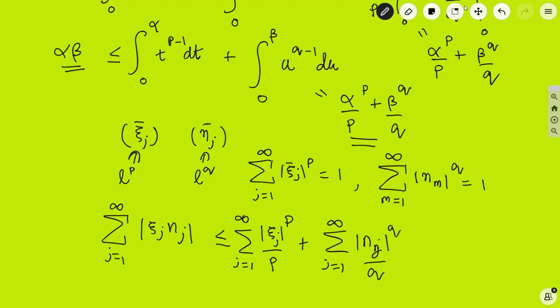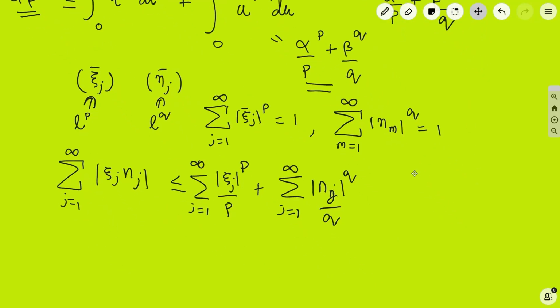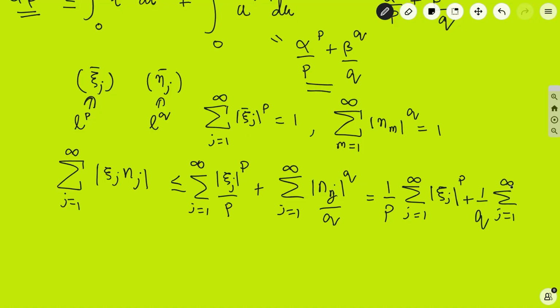Now, 1 by p is a constant, so you can take it out. It comes out as 1 by p summation of the j-th terms to the power p, plus 1 by q summation j from 1 to infinity of eta j to the power q. Now this term is 1 because we assumed it, so the summation is 1. Here also the summation is 1.